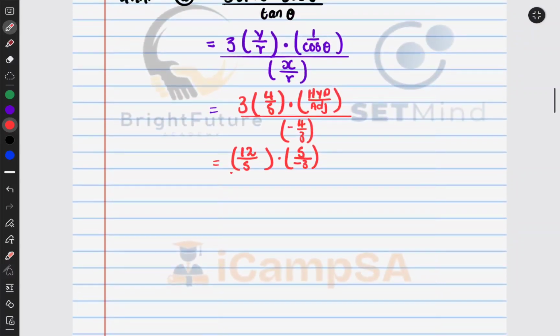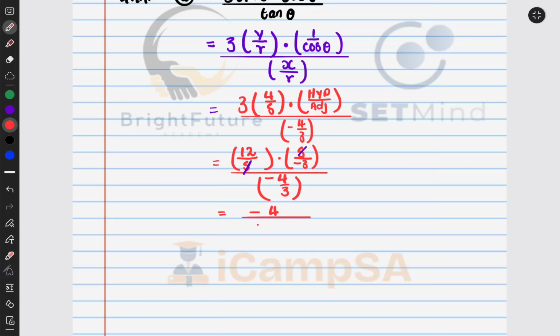Okay, all of this divided by -4 over 3. Let's deal with the numerator. 12 over 5 multiplied by 5 over -3. We're going to have a negative answer. We'll cancel the 5 here, and then we'll be left with 12 divided by -3. That would be -4.